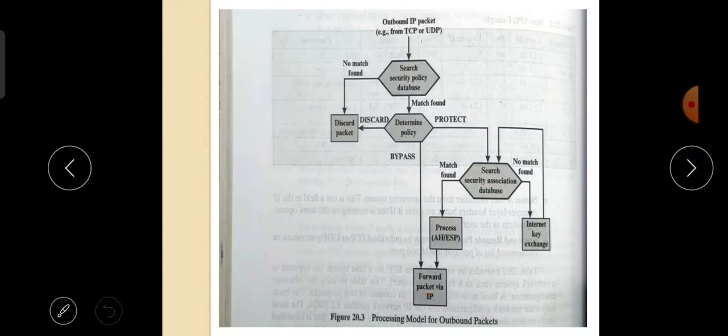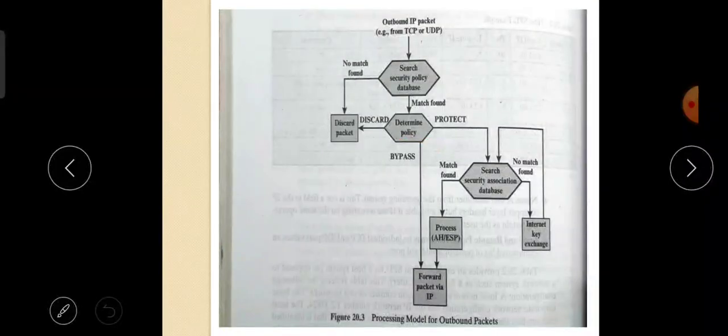That is the first step. Here IP security searches for an SPD entry that matches this packet. If no match is found, we discard it, and if a match is found, the policy is determined by the first matching entry in the SPD.